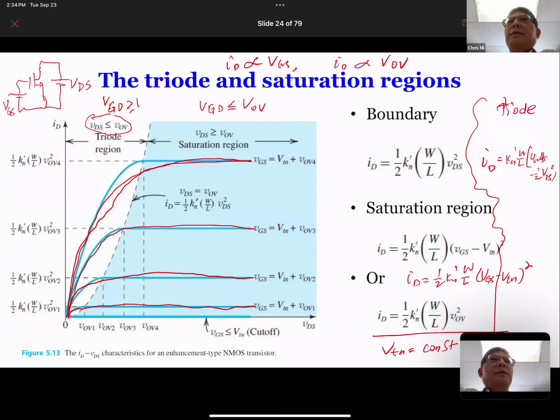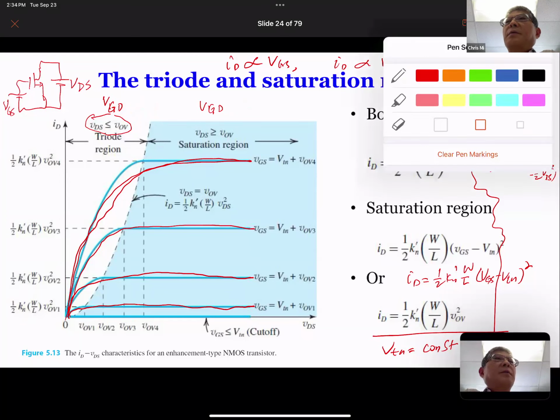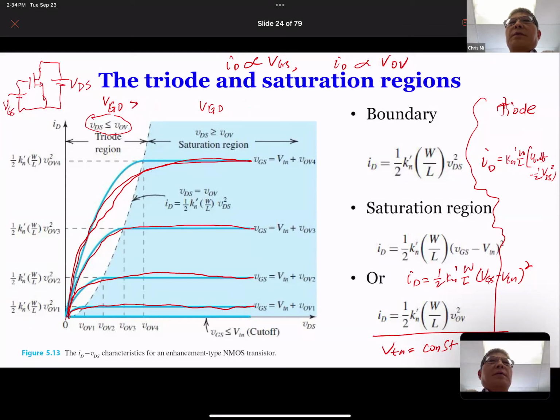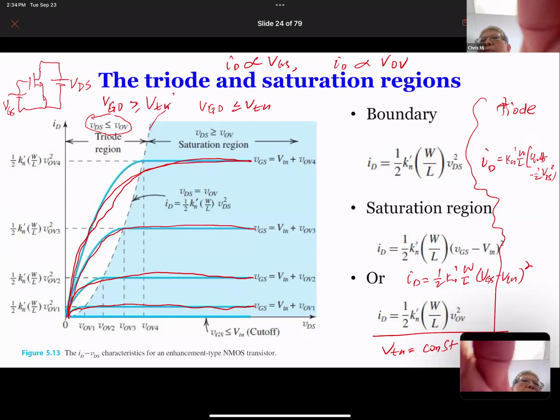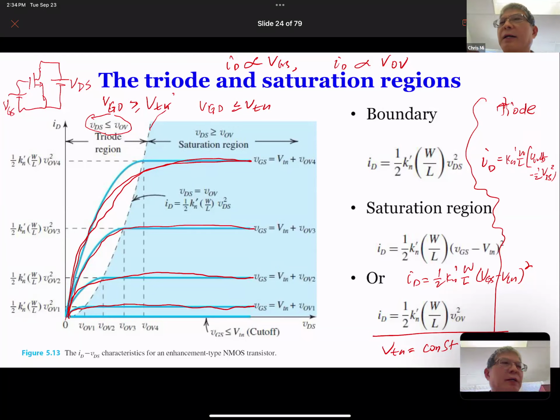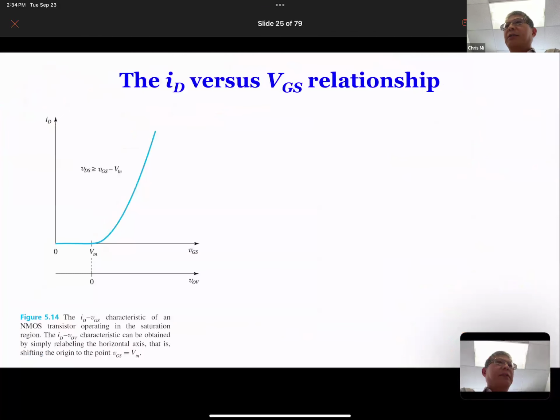Sorry about that. So those are the two regions. And in the future, we always have to find out which region the device is working in, and then we can find the relationships.